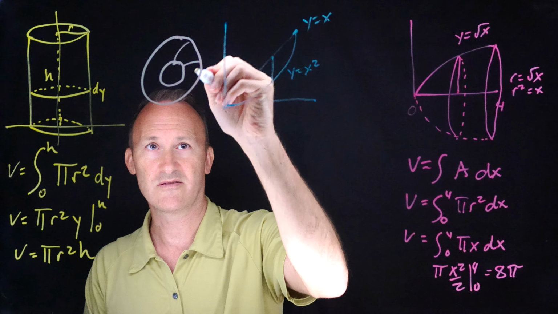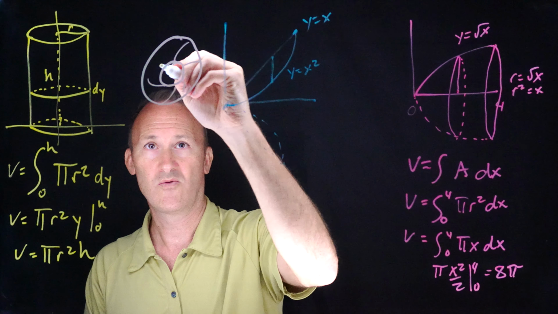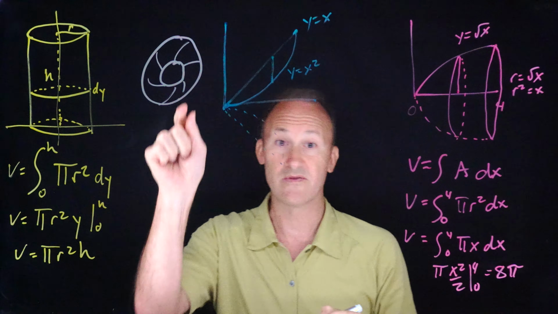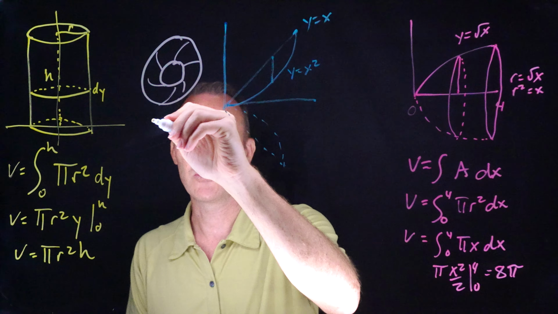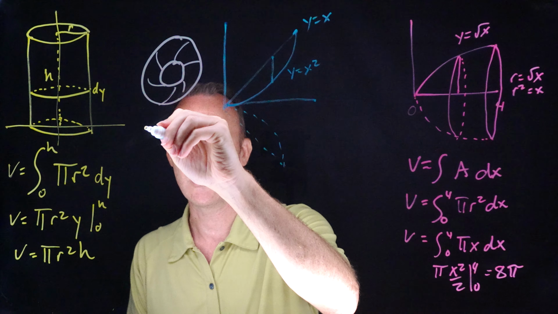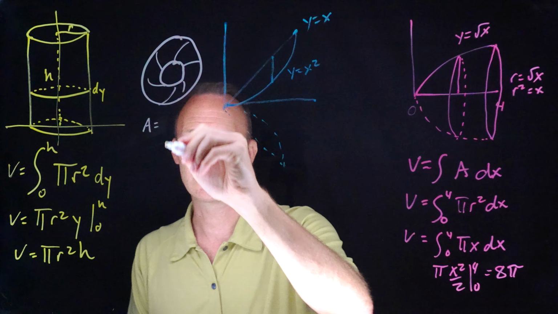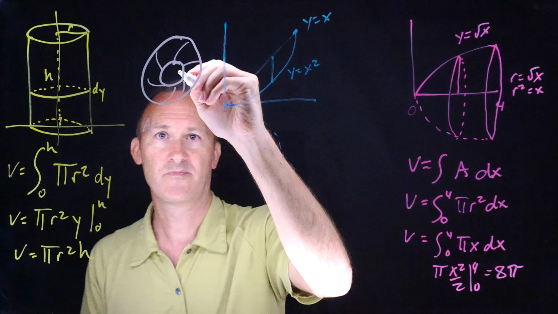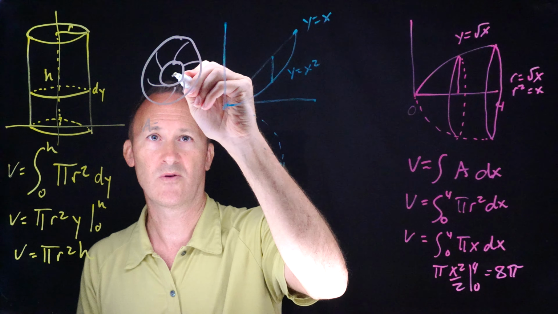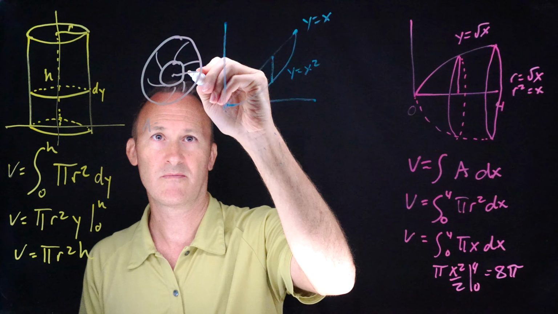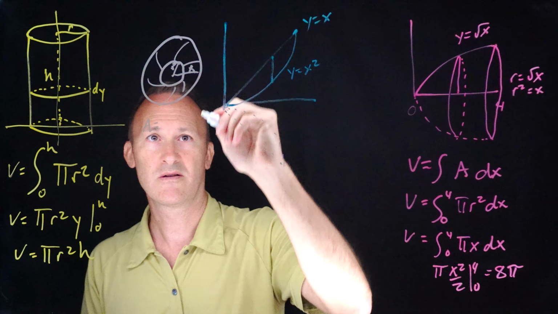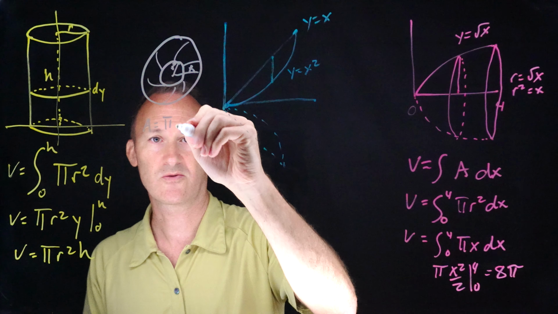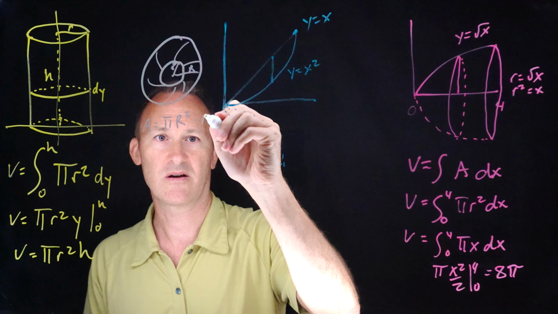The idea is to figure out the area of this shape. Generally speaking, you've got two radii. The big one we'll call capital R, and then you have the other one, little r. So the area is pi R squared minus pi r squared.